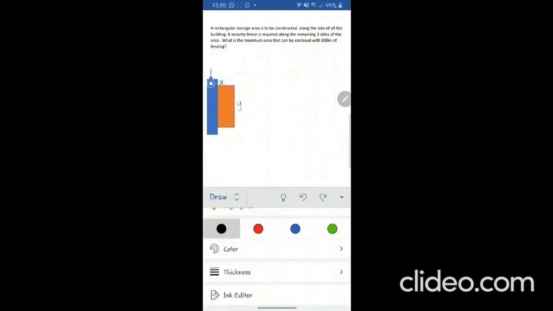Okay, so first of all we need to sketch like this, and we need to label this as x and this as y. So from this we need to find that area. Let's say the area A equals xy.